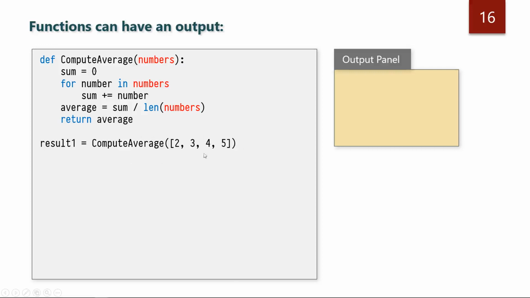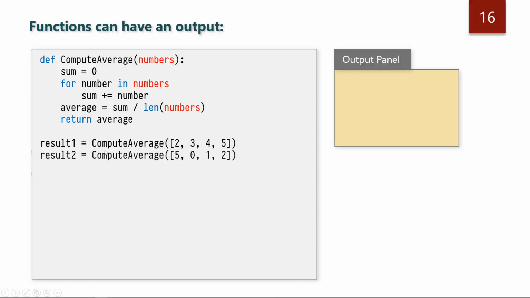This whole thing runs for a while inside the computer, just a few nanoseconds, and then at the end of the day, you get one single number. We take that number and store it in a Python variable, result 1. This time the function does not display anything on the output panel. It just returns a value to the main part of the Python script.